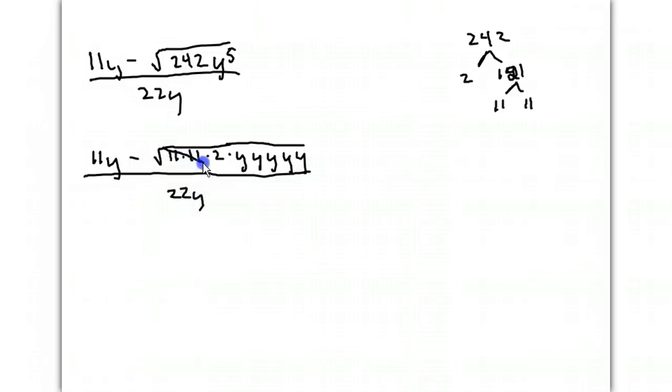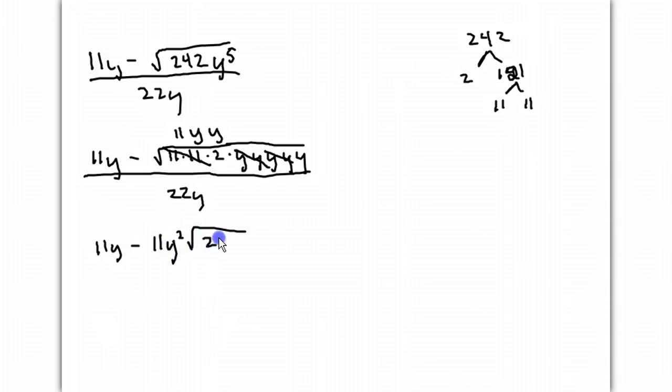Well, these two 11's will come out as one 11. Two y's will come out as one y, and two more y's will come out as one y. So what we end up having is 11y minus 11y squared times the square root of 2y, and that's all divided by 22y. When we look at this part, 11y and 11y squared, we can pull an 11y out of that.